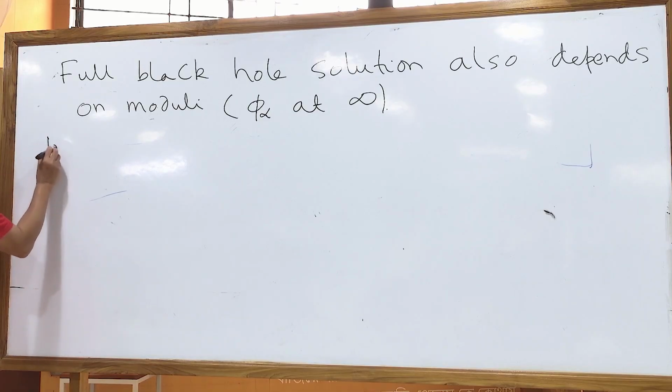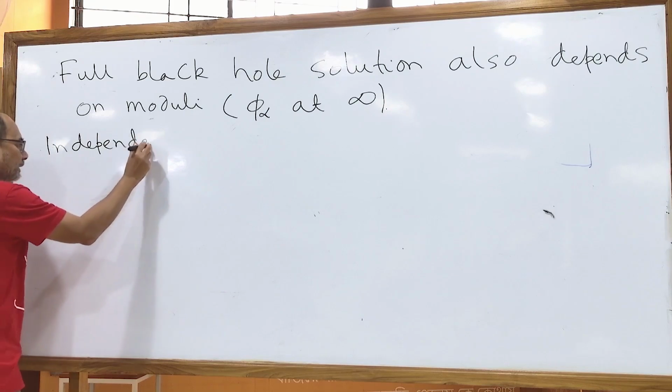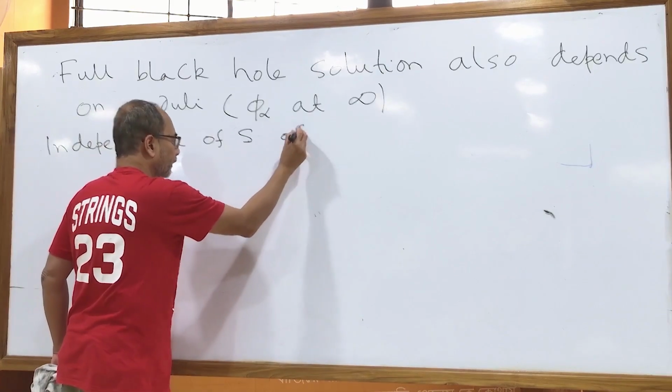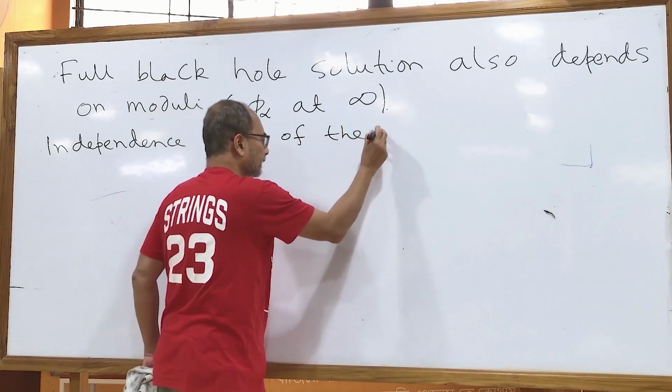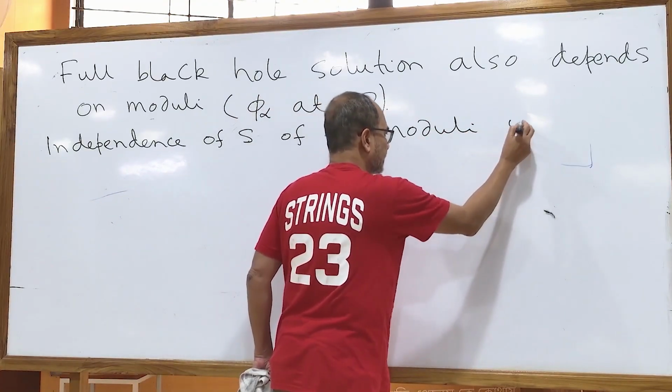So the independence of S of the moduli is known as the attractor mechanism.